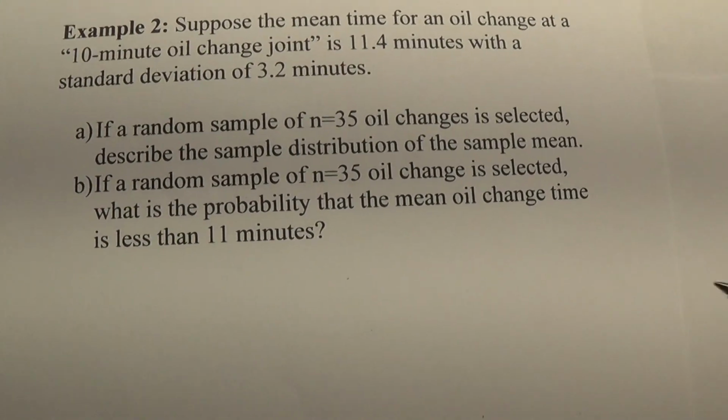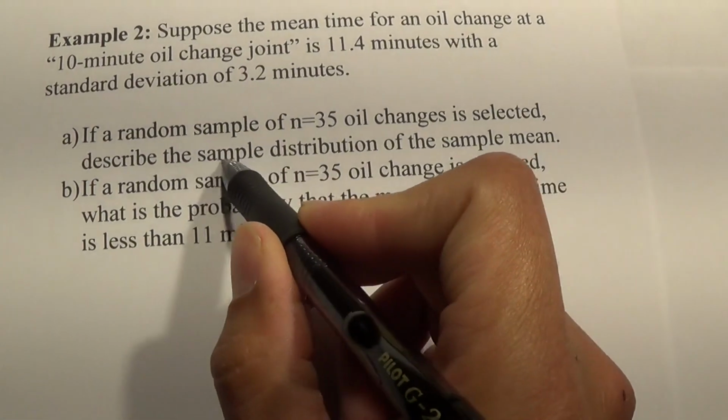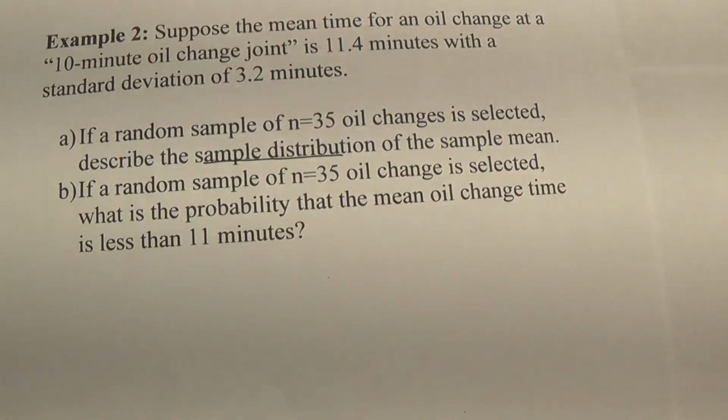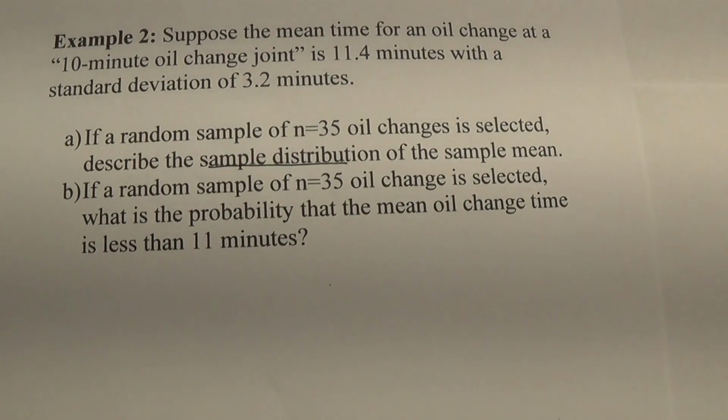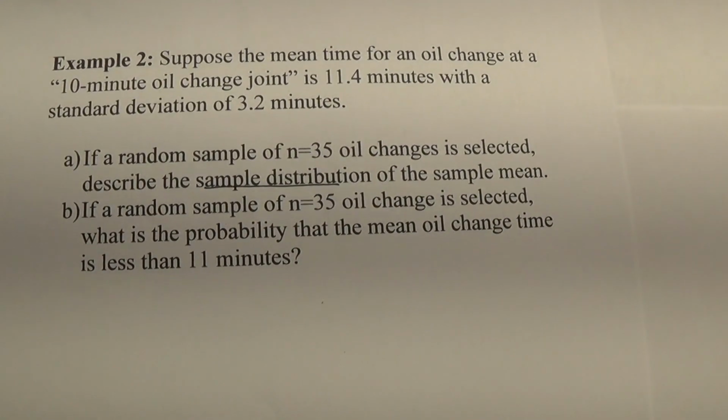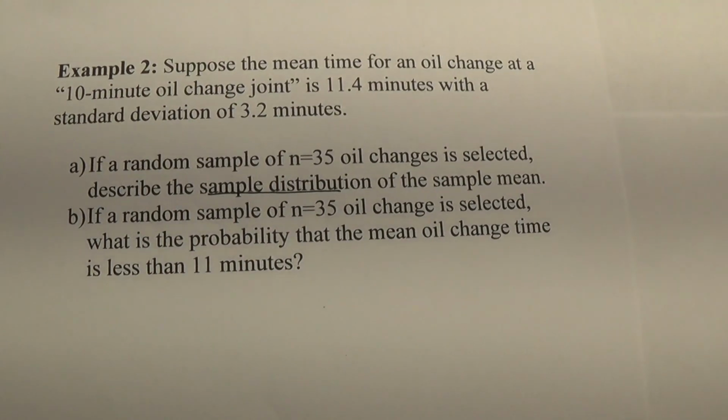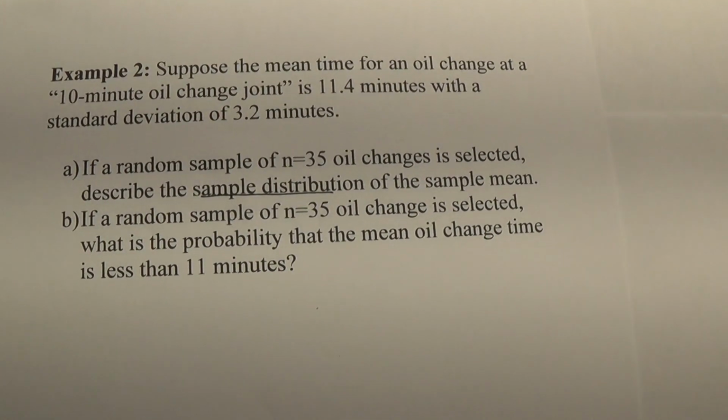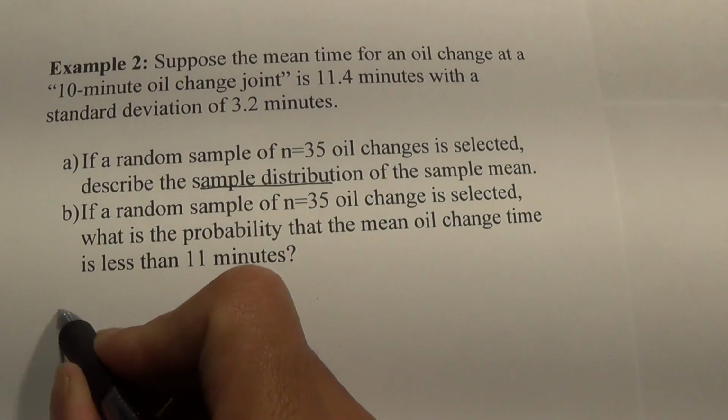In part A, we want to find the shape of the sampling distribution. So according to the central limit theorem, the sampling distribution is approximately normal.